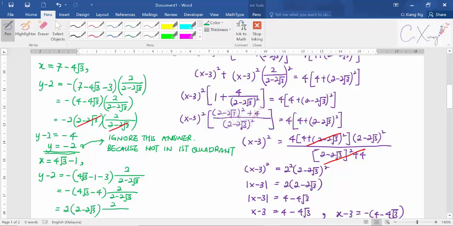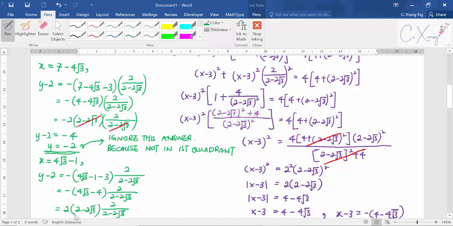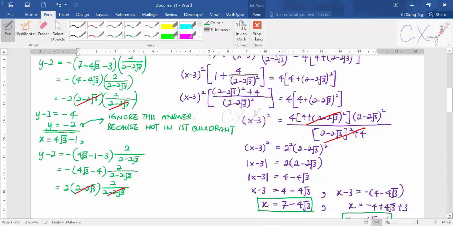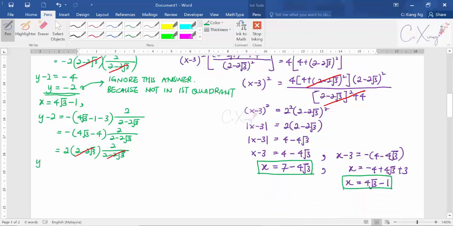Then 2 over 2 minus 2 square root 3. Then again, from this part, you can see that I can simplify this. Okay, then what do I have next? So you will see that your y minus 2 is equals to 4. And your y is equals to 6.